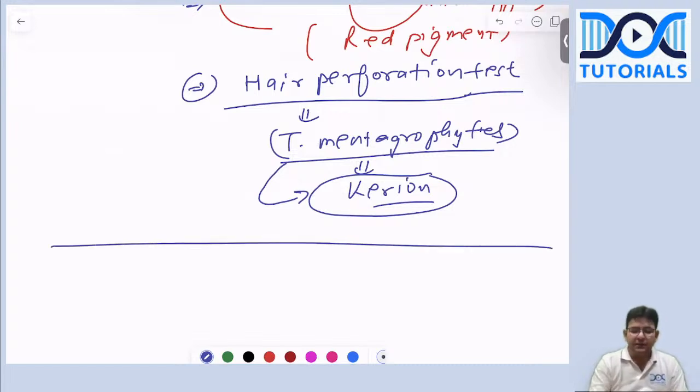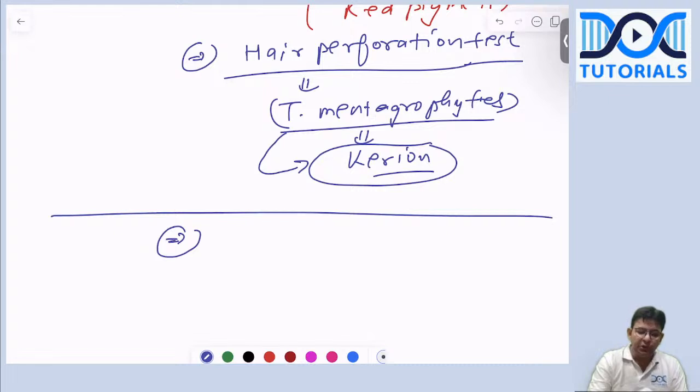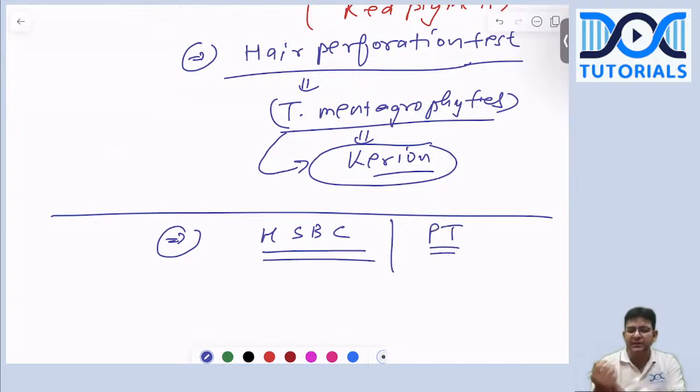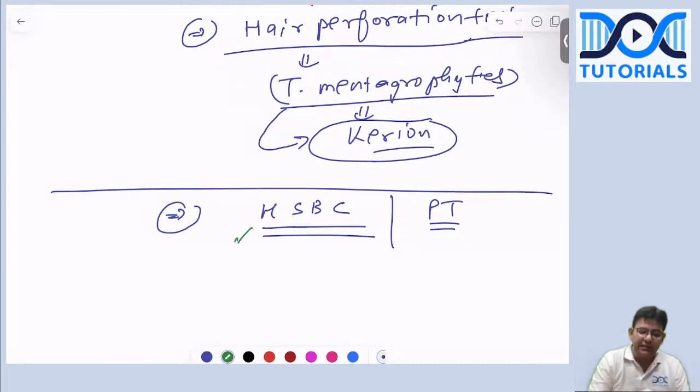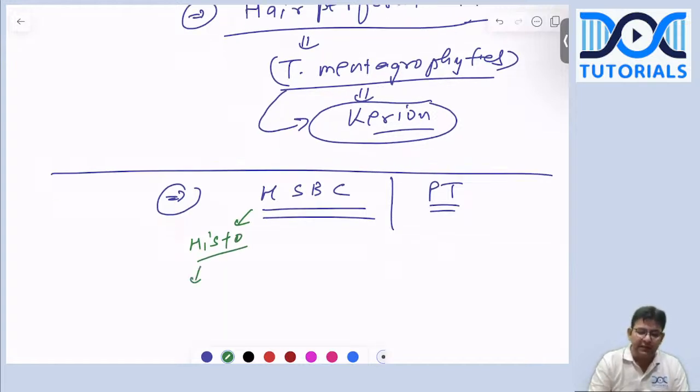Is it fine, guys? Besides that, you should know all the names of the dimorphic fungi. HSBC. Please try to have an account in which bank? HSBC. H is Histo. In histoplasmosis, what do you observe, guys?